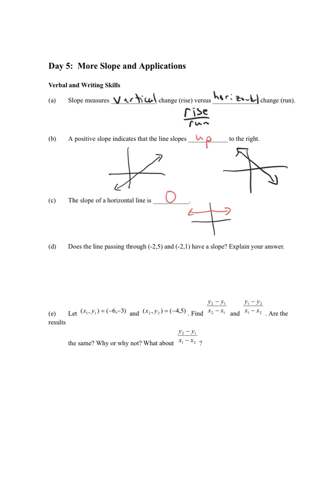And what about a situation like this? If you have -2, 5 and -2, 1. Well, if I do my slope formula, 1 minus 5 over -2 minus -2, well, that ends up being -4 over -2 plus 2, which is -4 over 0.